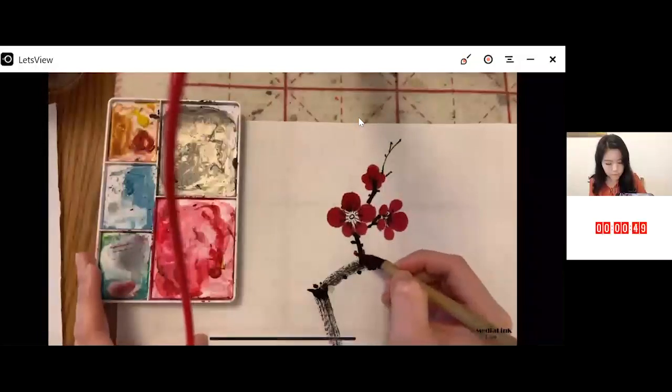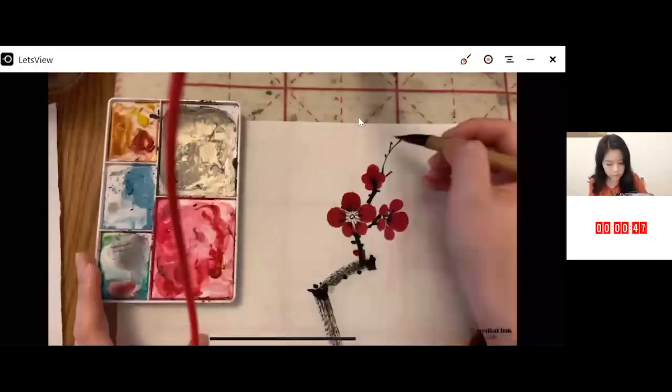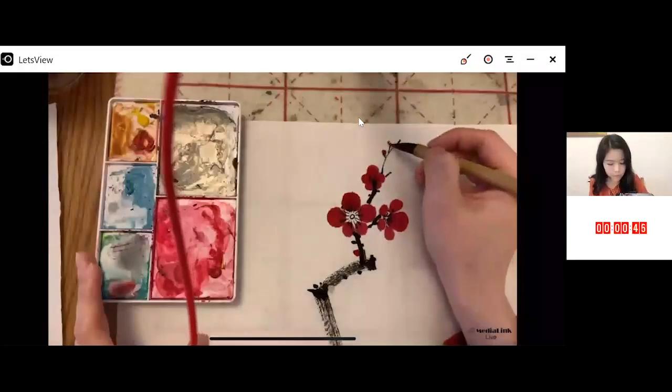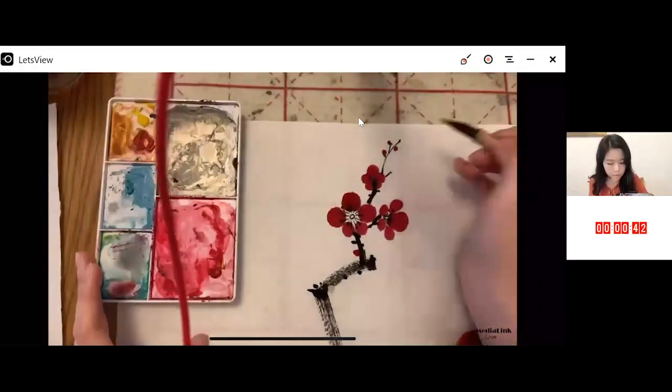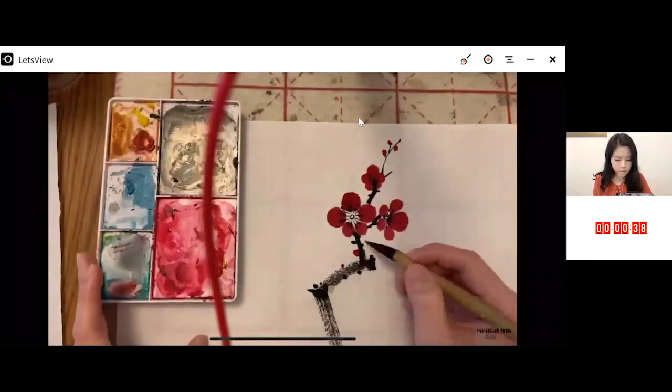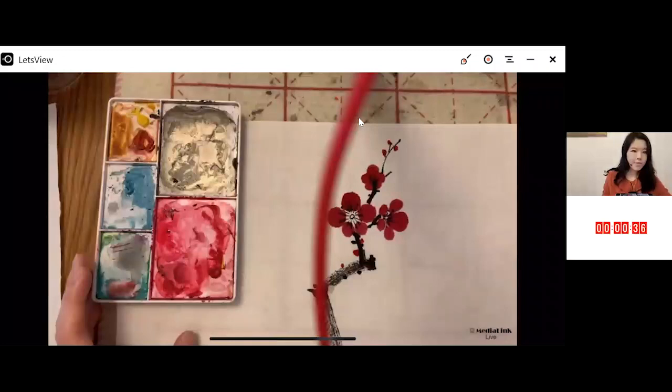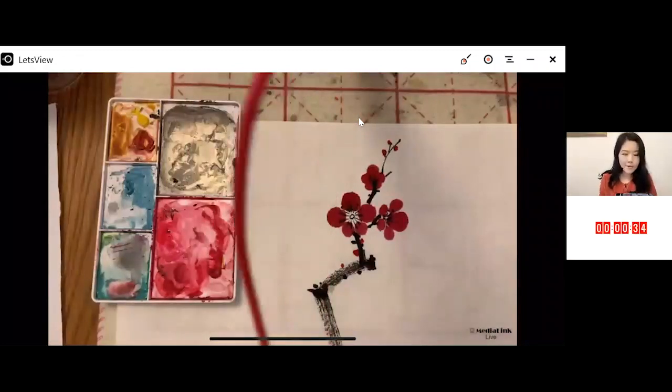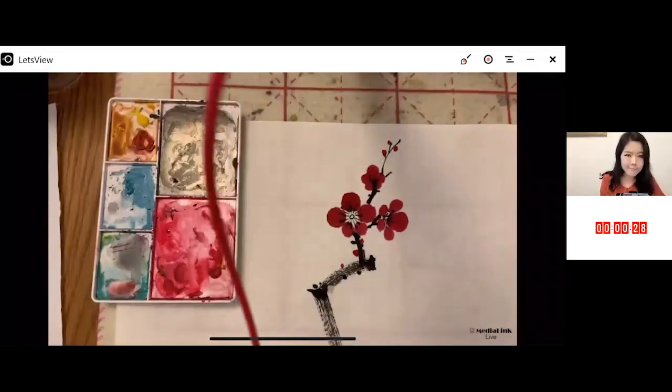The flower buds are just round red little circles here. Just a few of them. Okay, all done. That's all of my presentation. Thank you very much.